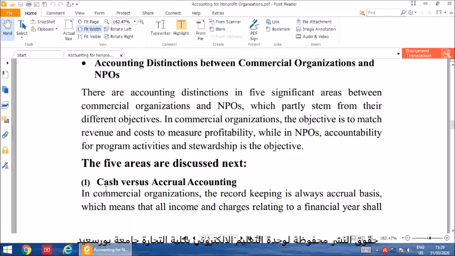There are accounting differences in 5 significant areas between commercial organizations and NPO, which partly stem from their different objectives.